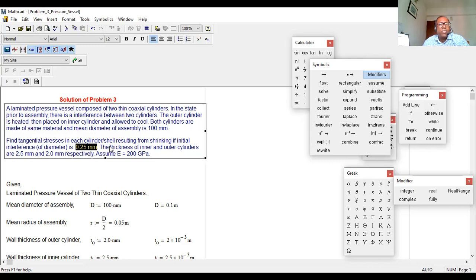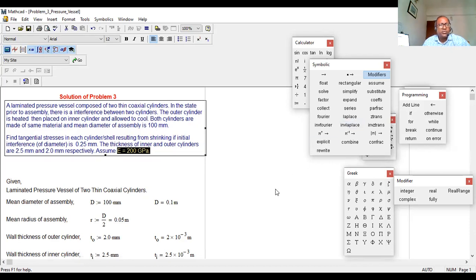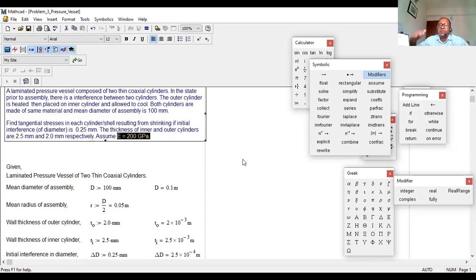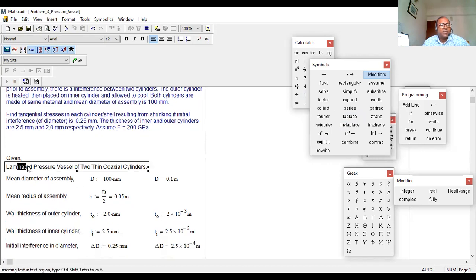The thickness of the inner and outer cylinder is given as 0.2 millimeter, and the value of E is given. So what do you need to figure out? You need to figure out the tangential stress due to the contact pressure in both cylinders. So how can we figure it out? At first, you write down what values are given. So laminated pressure vessel of two thin coaxial cylinders.